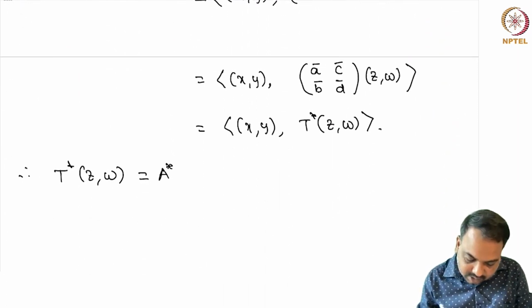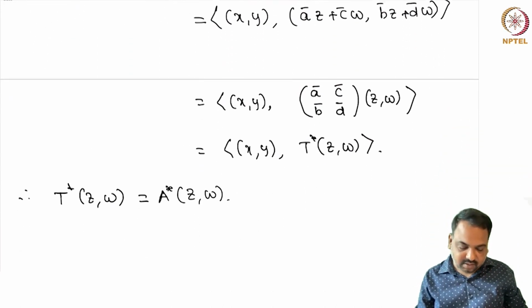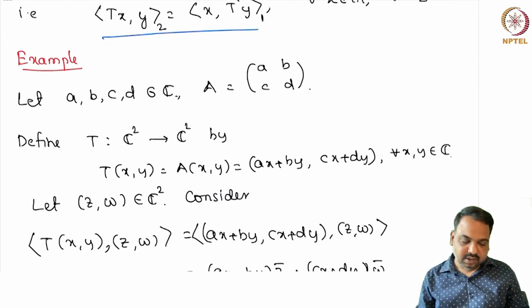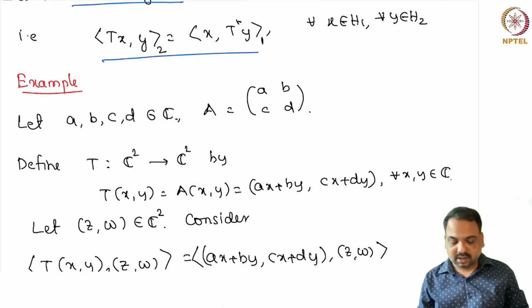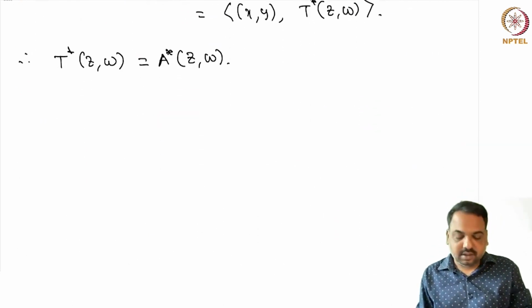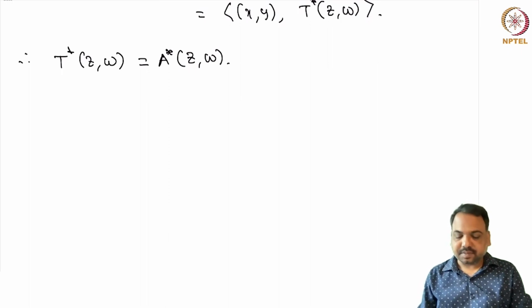So T star of (z, w) is A star of (z, w). In other words, if the operator T is given by the matrix A, then the operator T star is given by the matrix A star, that is the adjoint of A. So this is a connection between the adjoint of a matrix and the adjoint of an operator. The adjoint of an operator is a generalization of the adjoint of a matrix.